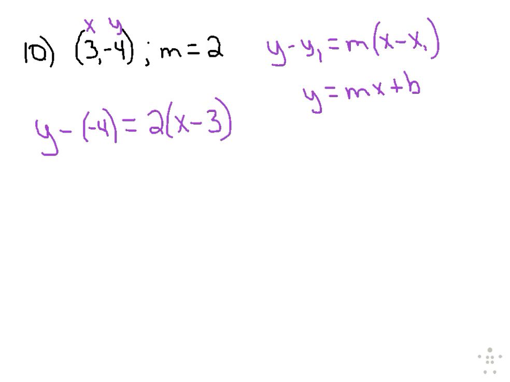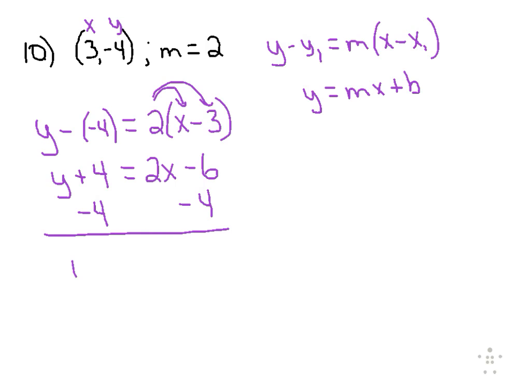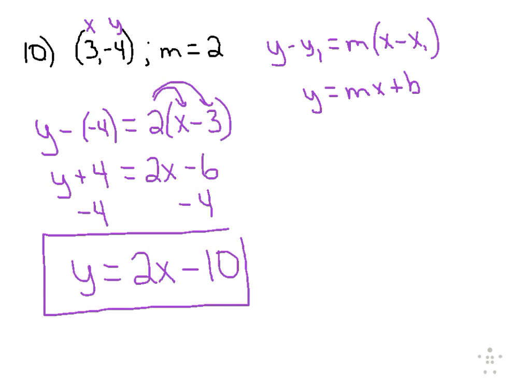When you subtract, you add the opposite, so it's really going to be y plus 4 is equal to, distribute, 2x minus 6. Solve for y, since we're putting it in slope-intercept form. So y is equal to 2x minus 10. And that is your answer for question number 10 in slope-intercept form.